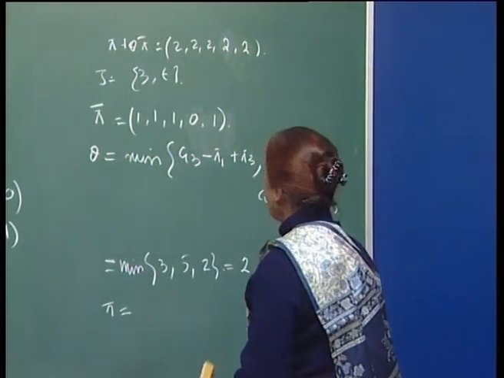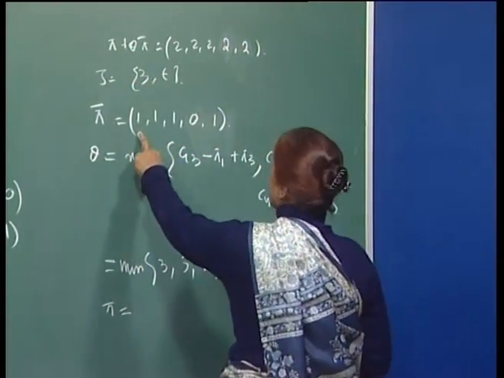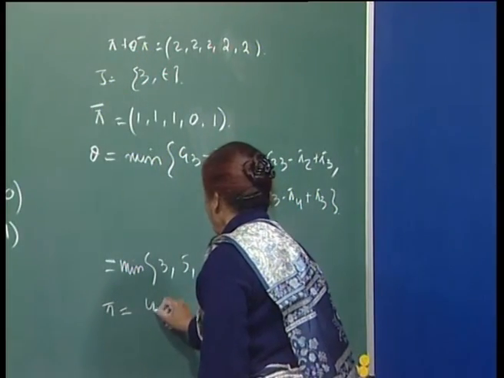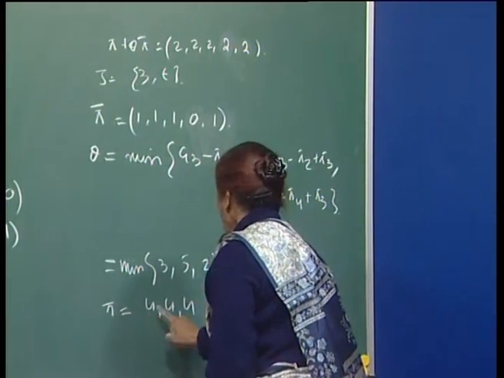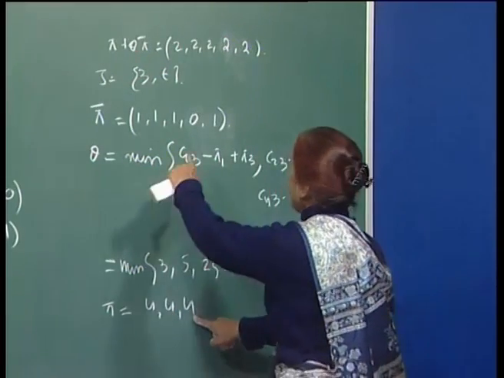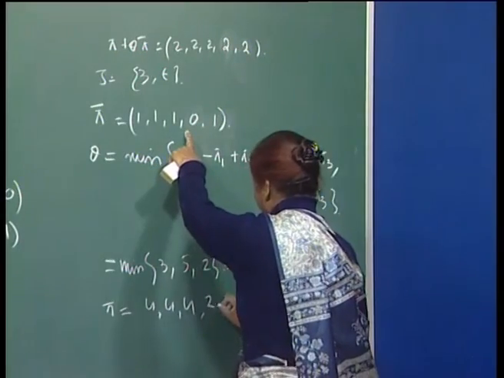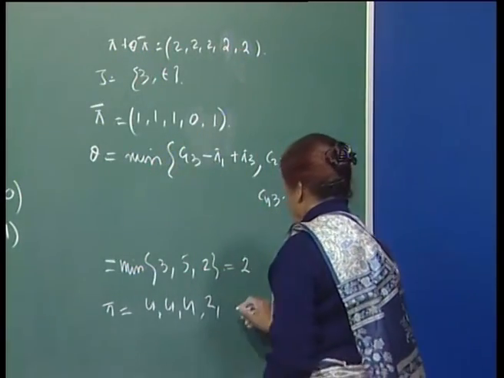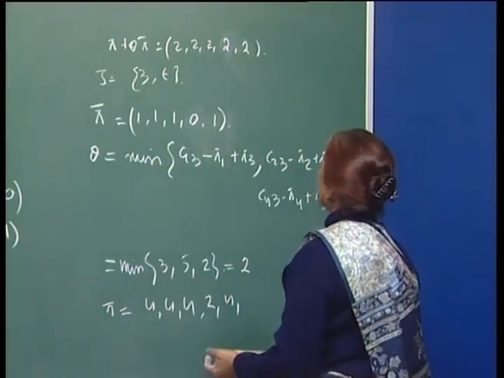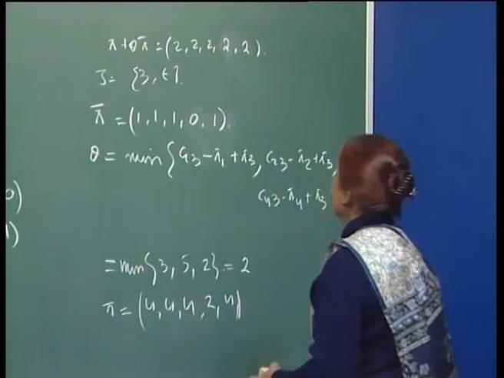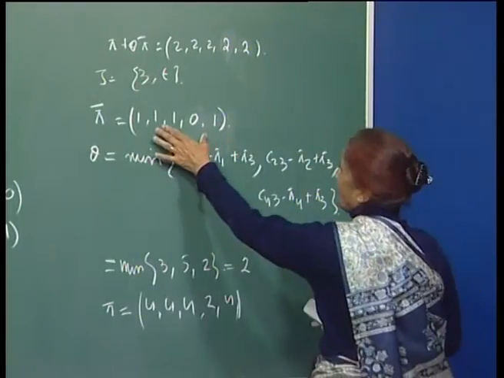pi would be, twice theta you add here. We have to be careful: for nodes 1, 2, 3, 4 and s, this is 0, so that remains 2, and that becomes 4. Twice this you have to add here.